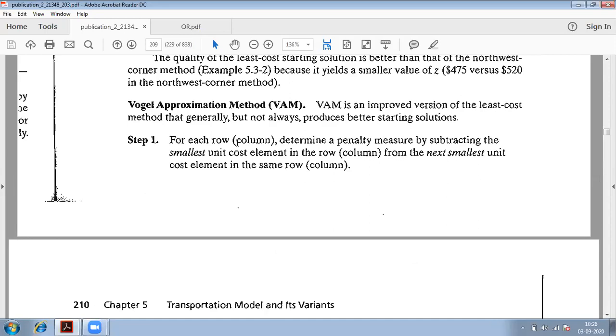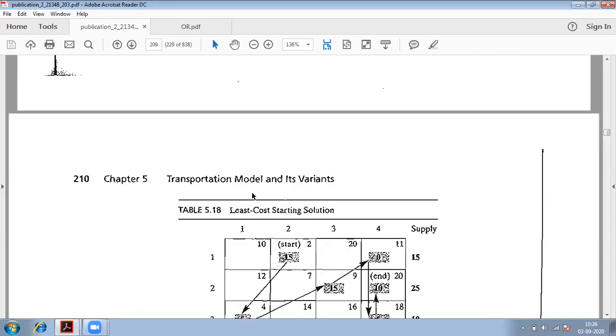For each row or column, determine the penalty measure by subtracting the smallest unit cost element in the row from the next smallest unit cost element in the same row. So I told you first minimum, second minimum. Whether it is a row or a column, you take the second minimum minus the first minimum and you treat it as a penalty.